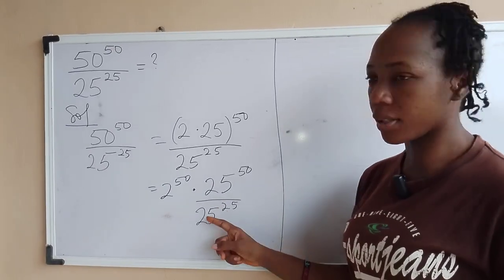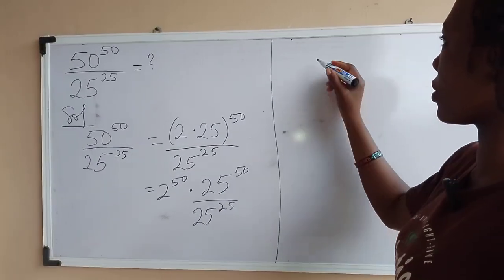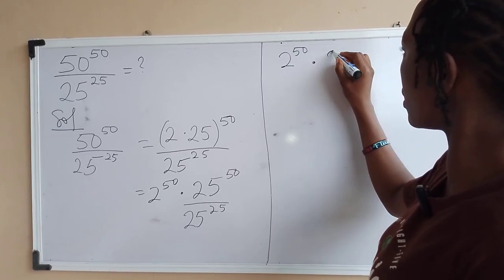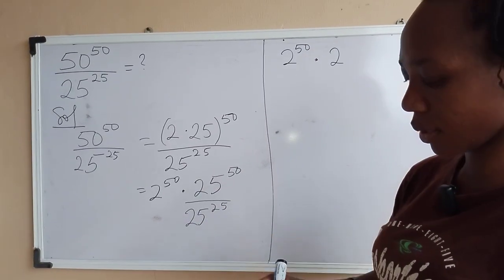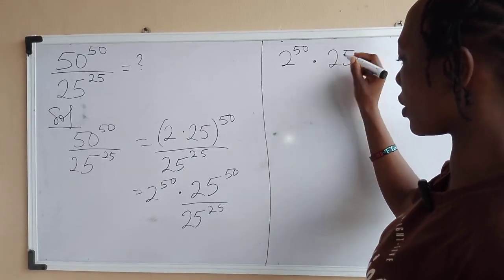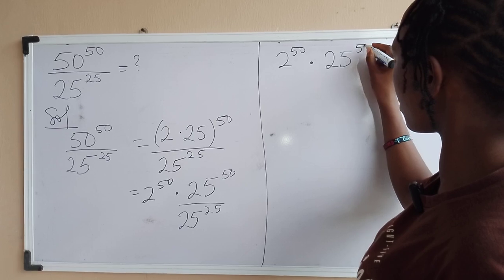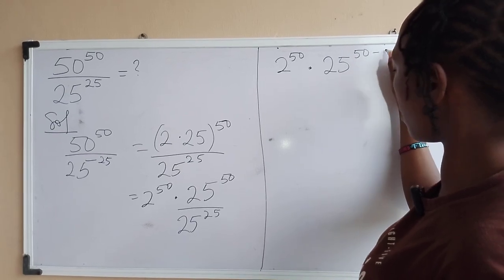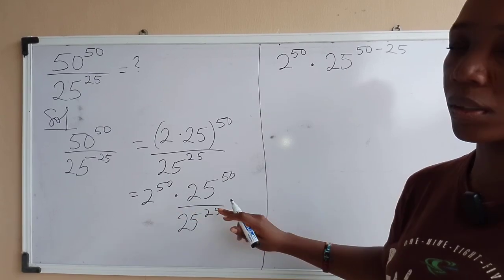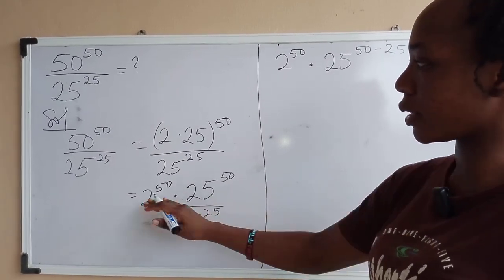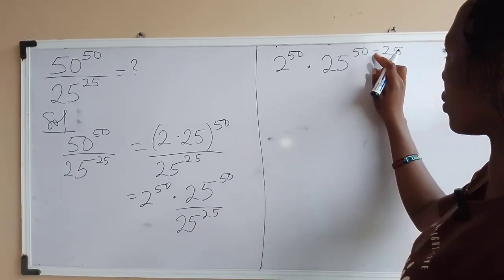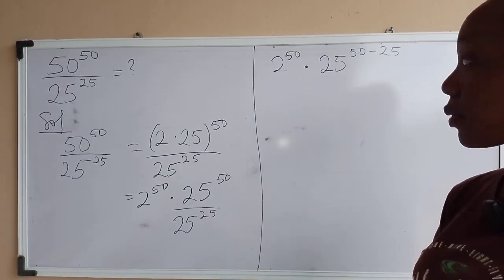So same base. So we continue, 2 to the 50 dot this. So law of indices again. Since the bases are the same, we're going to just pick one, and so we have it as to the power of 50 minus 25. Minus because it's a division. If they were multiplying themselves, it would be a plus. But since it's divide, we're going to change it to minus. That's the law of indices.